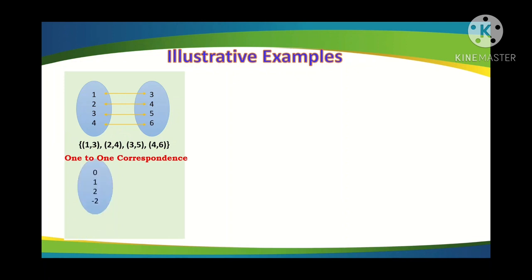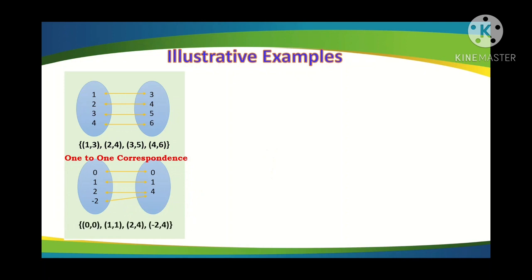Let us have more examples. Given two sets, the first set, the elements are 0, 1, 2, negative 2. And the second set, the elements are 0, 1, 4. Let us again do the mapping. 0 corresponds to 0, 1 corresponds to 1, 2 corresponds to 4, negative 2 corresponds to 4.